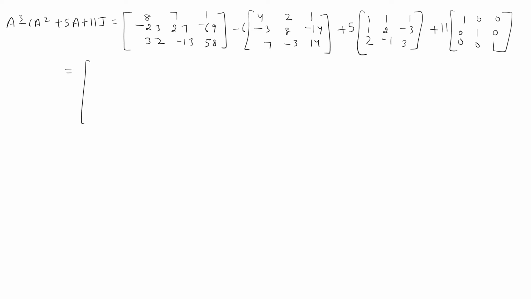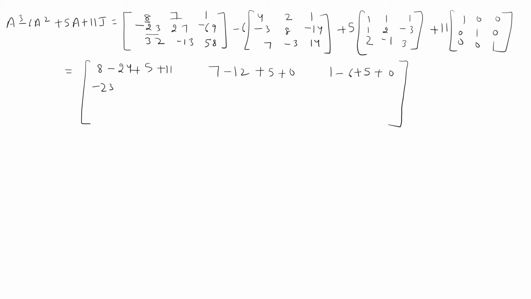Okay. So now we will frame this result and see the corresponding elements. 8 minus 6 4s are 24 plus 5 1s are 5 plus 11. Similarly for 7 it is 7 minus 6 2s are 12 plus 5 plus 0. Let us go on like this. 1 minus 6 plus 5 plus 0, this becomes minus 23.